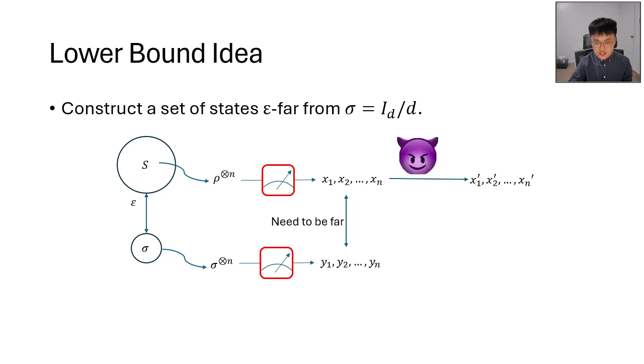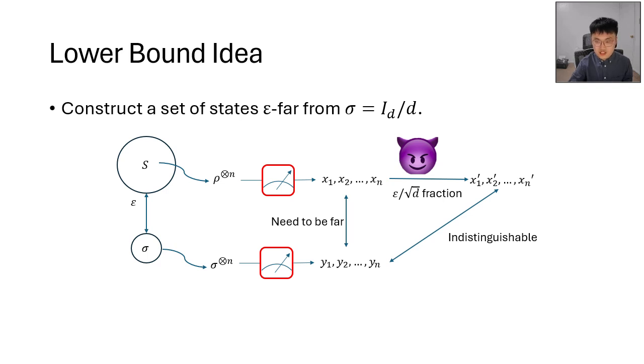So what an adversary can do here is take the outcomes from one of the cases and perform some corruption, and after this corruption, the adversary can make the new outcomes look very similar to the other case, which makes it hard for your algorithm to distinguish.